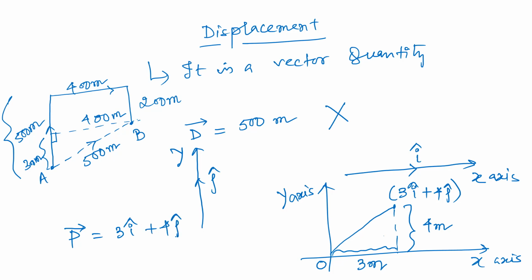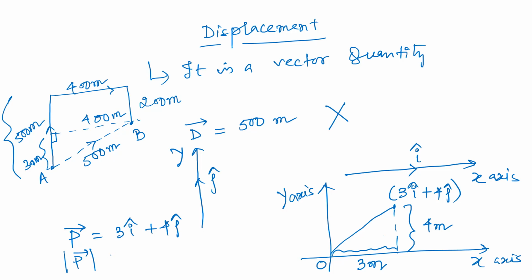So in this case we have to find out the displacement. To find that, I need some value. I don't need this i cap j cap expression, so I will find out the mod vector. Mod vector means modulus of the given vector.